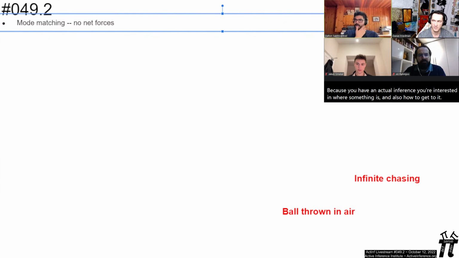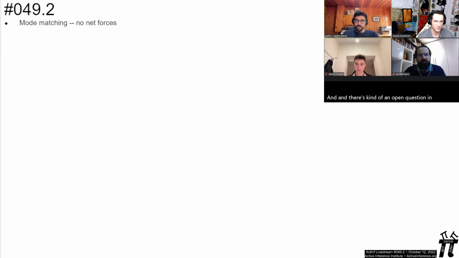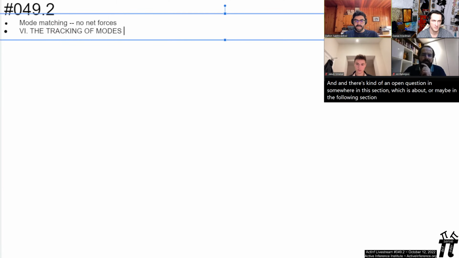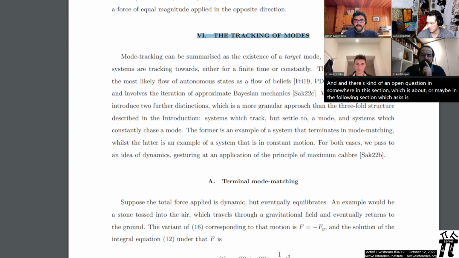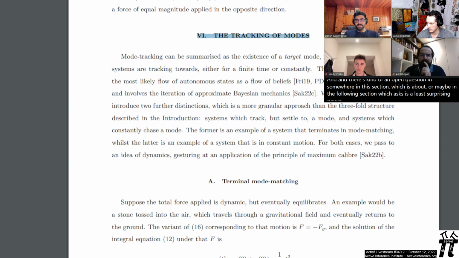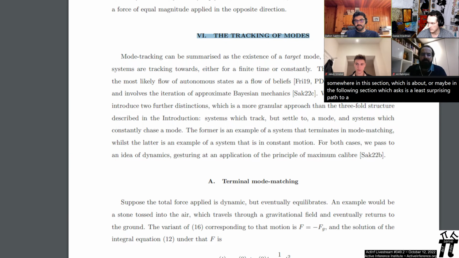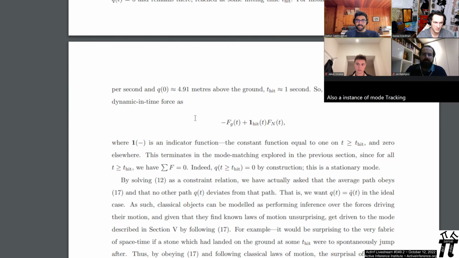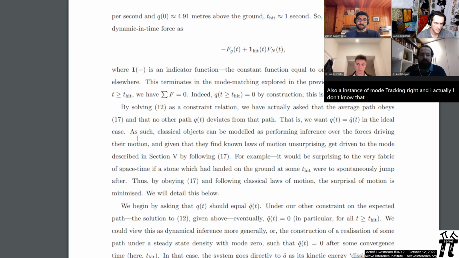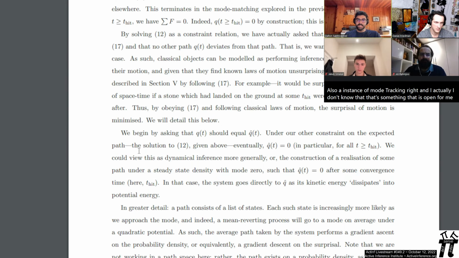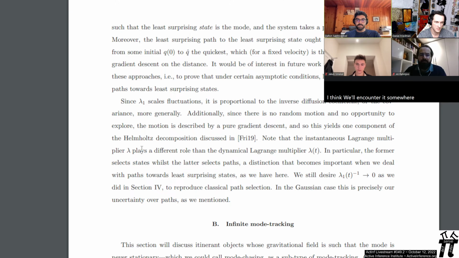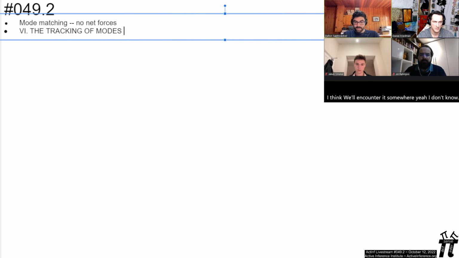And there's kind of an open question somewhere in this section, or maybe in the following section, which asks, is a least surprising path to a target mode also an instance of mode tracking? And I don't know that. That's something that is open for me. I think we'll encounter it somewhere. Well, we will stumble into it anyway.